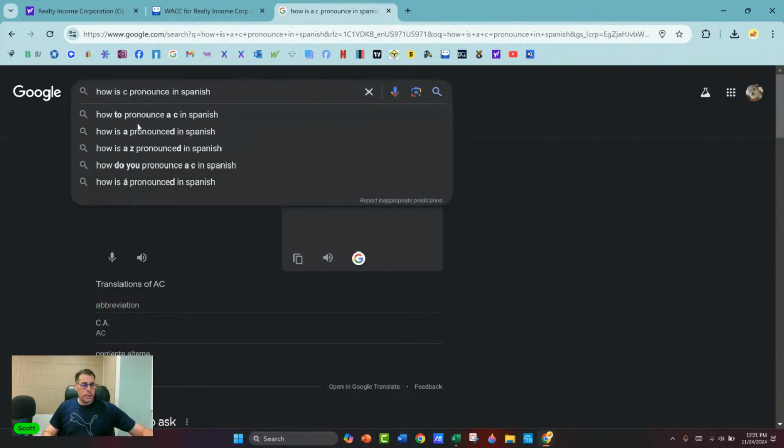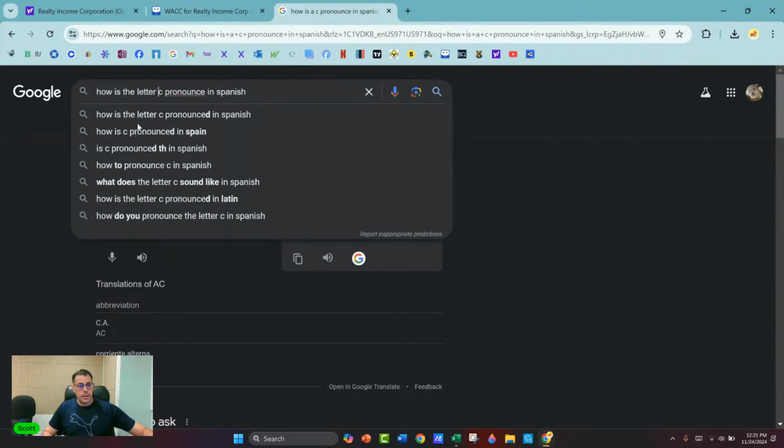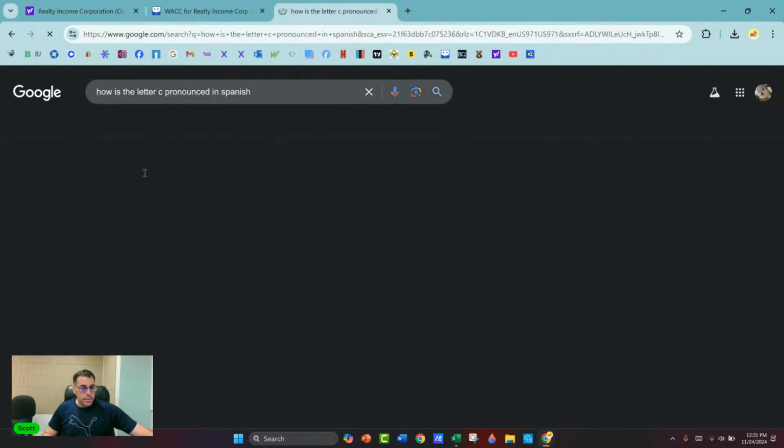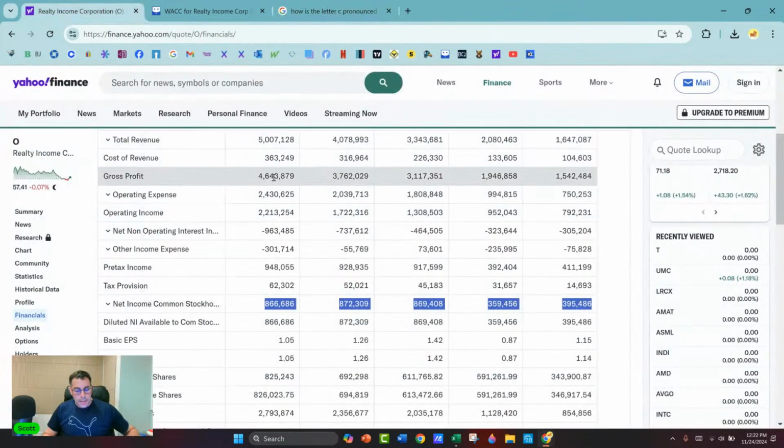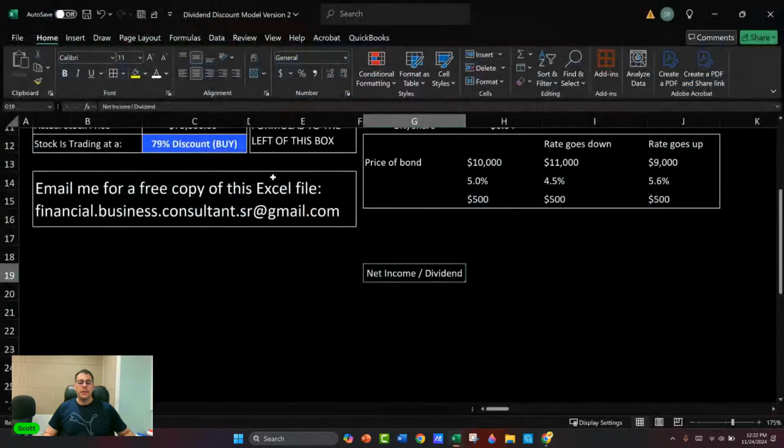How is the letter C pronounced in Spanish? Sebrion. Okay. I get stuck on things. It's my Asperger's. I can't focus until I have it.